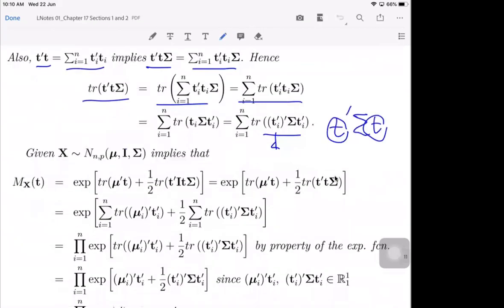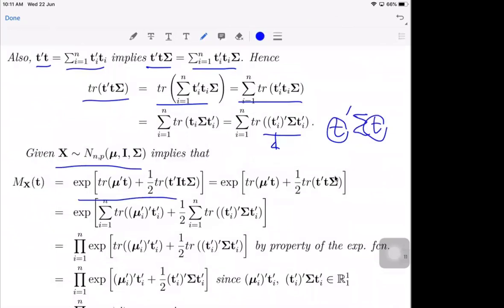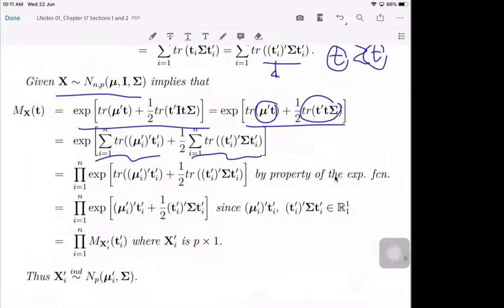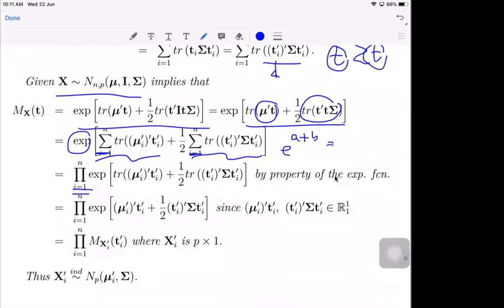So you are given that X is normally distributed. So this is the moment generating function when it is normally distributed. And then that is equal to this. We obtain this, substitute it here. And then since this is the exponential of a sum, it is just equal to the product, right? E to the sum, E^A, E^B, so the product of the exponentials.